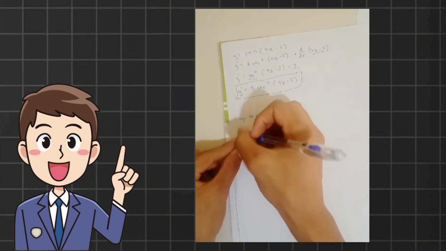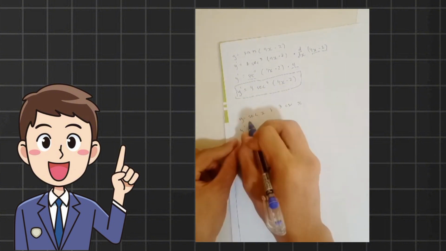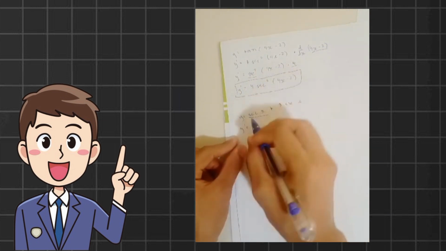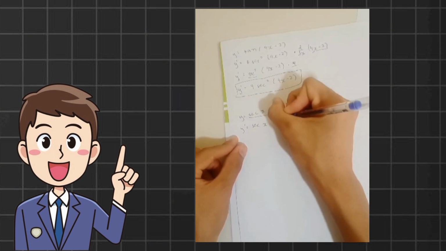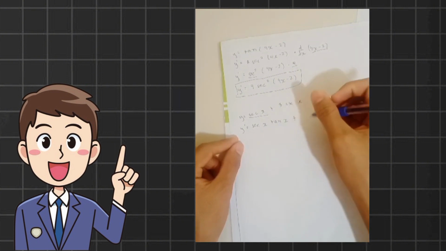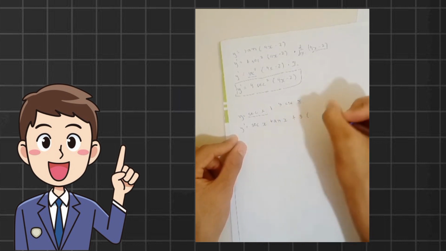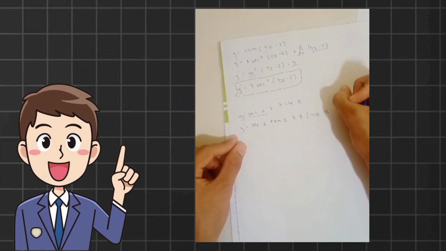Y prime is equal to the derivative of secant x, which is secant x tangent x, plus 3 multiplied by the derivative of cosecant, which is negative cosecant x cotangent x.